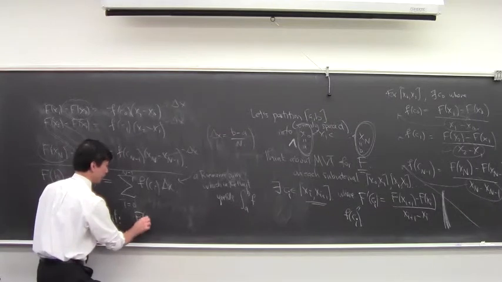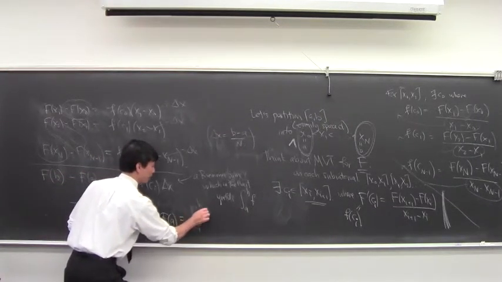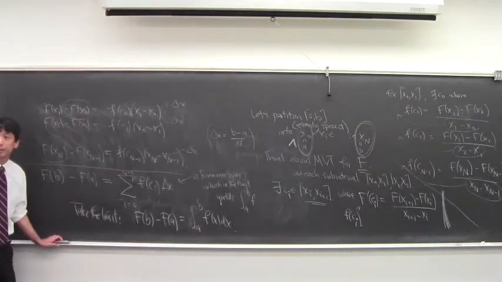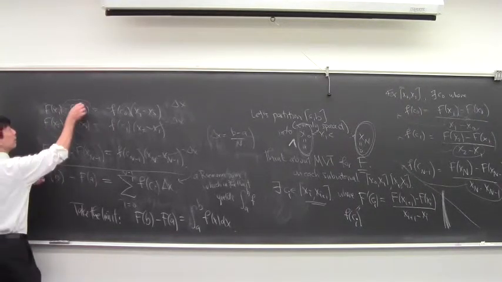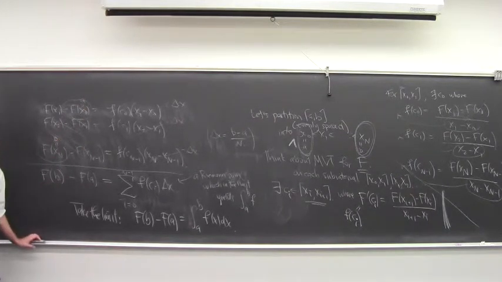We get f(b) minus f(a) equals the integral from a to b of f'. Where did we get f(b) minus f(a)? That was x_0 is a, x_n was b.